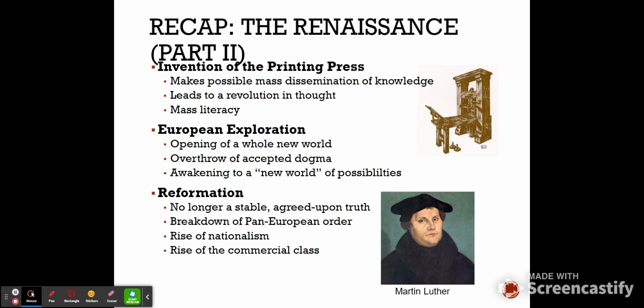There's also the Reformation, which sort of breaks up what had been a relatively unified Western European culture. Not unified politically, there were wars between the different powers, but unified in the sense of they pretty well agreed philosophically and religiously, and saw themselves as part of a common culture, even though not politically united.